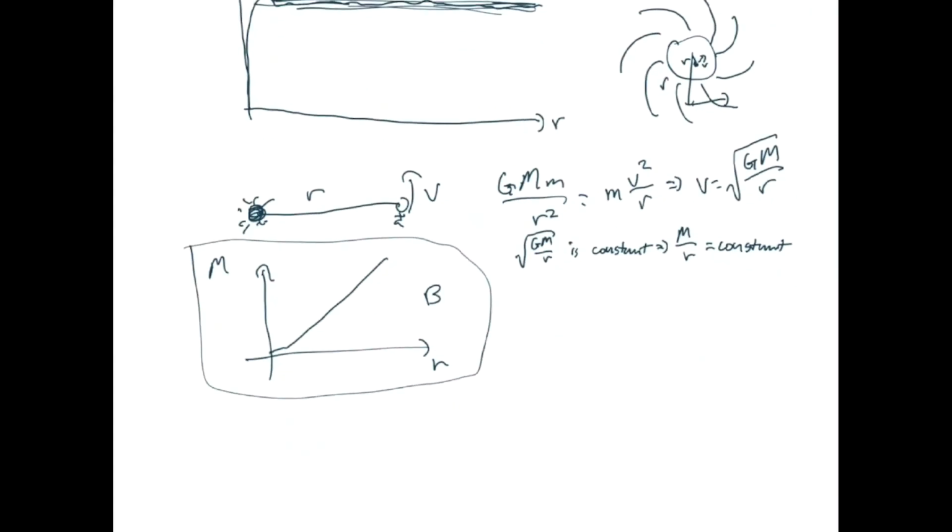However, answer choice D is also accepted, and the reason why is because right here, there's a little region where it's not constant initially. Initially it's rising. So what you would see in this region is a graph where M over r is increasing.